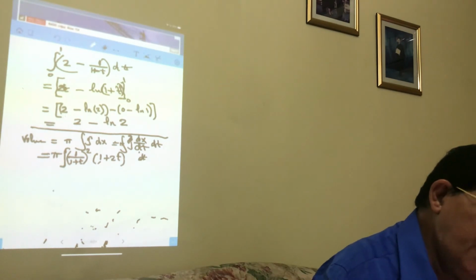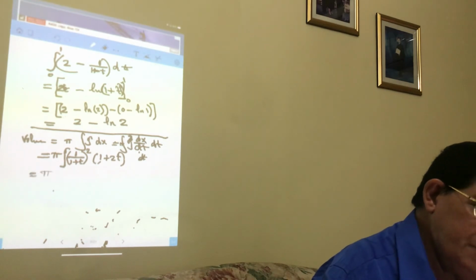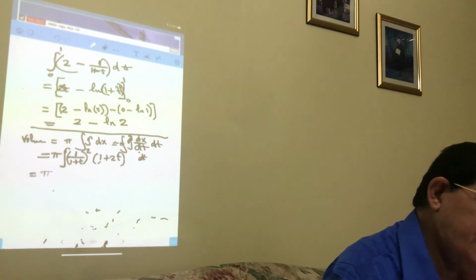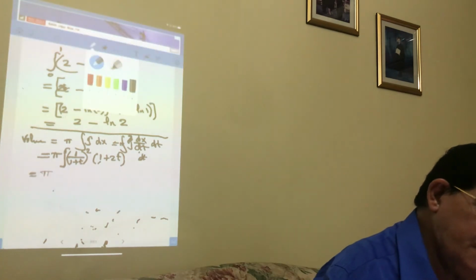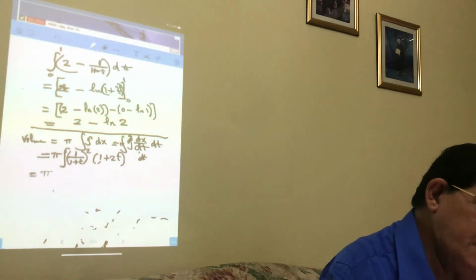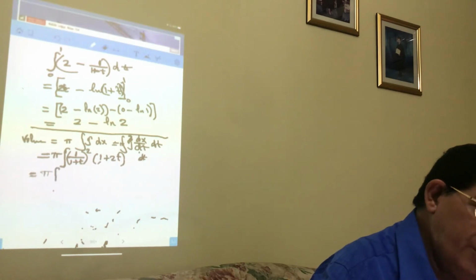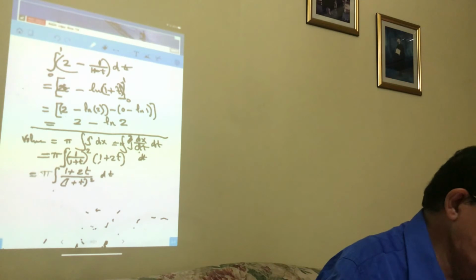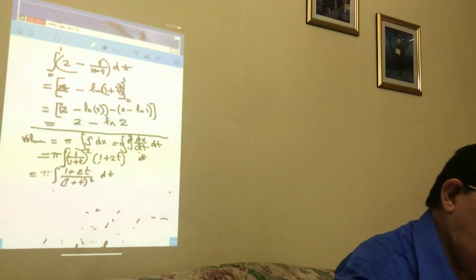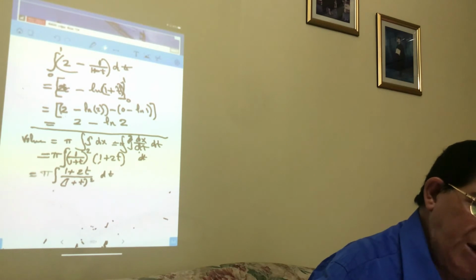It is pi outside, the integration of 1 plus 2t over 1 plus t squared, dt. And this is a problem of partial fractions.